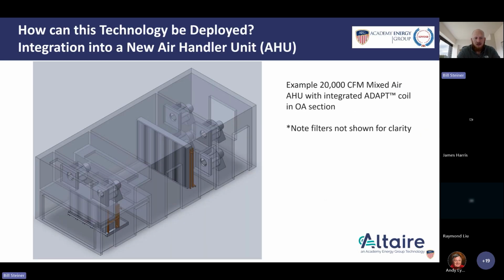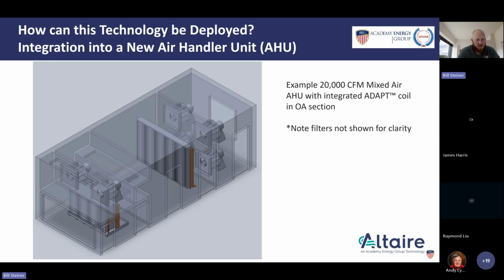So how can we deploy this technology? Essentially, the easiest way to say this is any application where you could dream up an air handler, I can get this technology into it. So if we've got a new application, new building, we're building new air handlers.